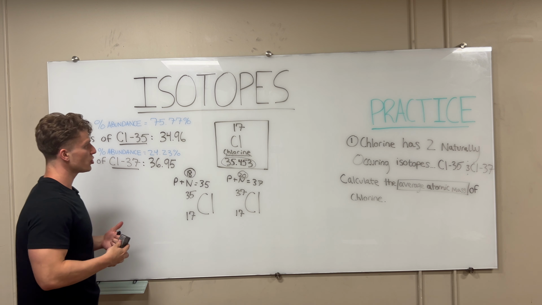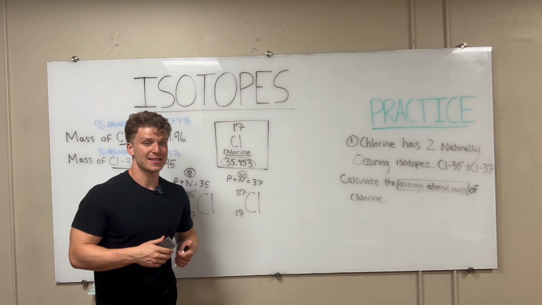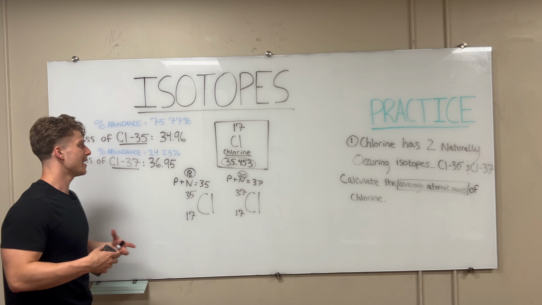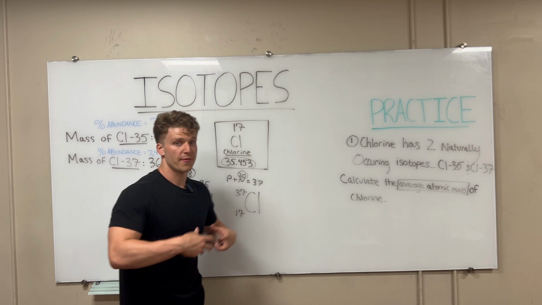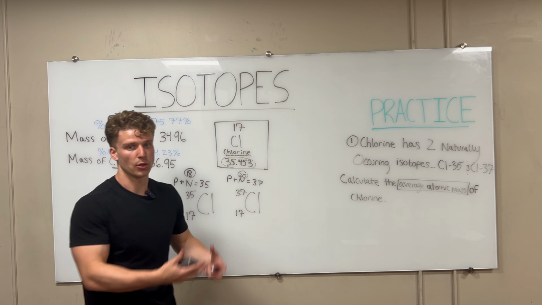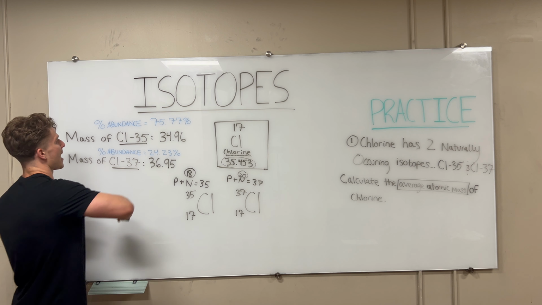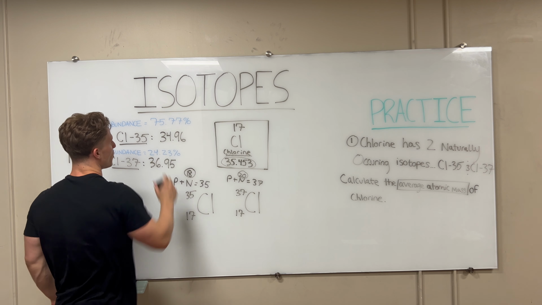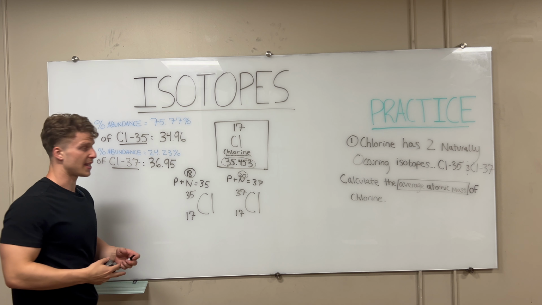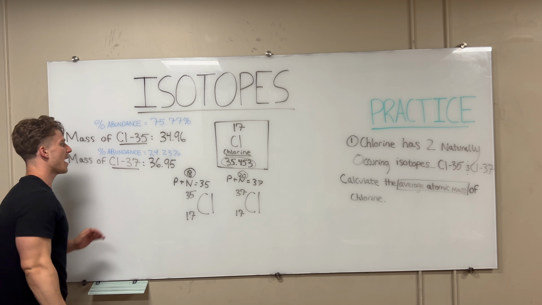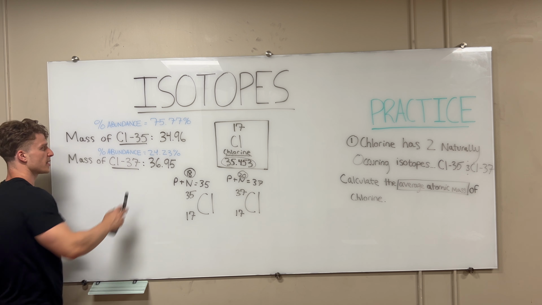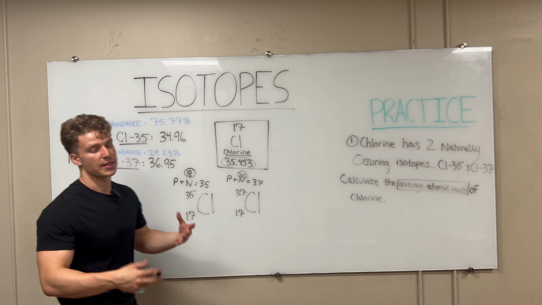Essentially, if you were to find a sample of chlorine in nature and pick it up and look at it, what it's saying is that you'd expect 75.77% of that sample to be chlorine-35 and 24.23% of that sample to be chlorine-37.